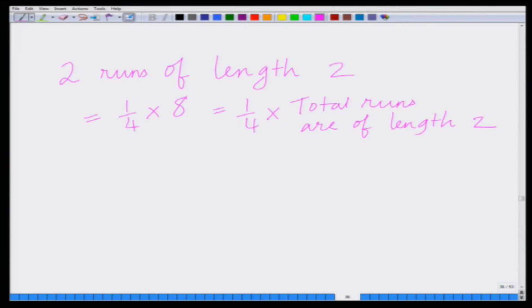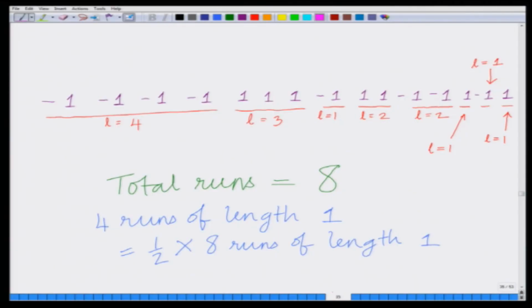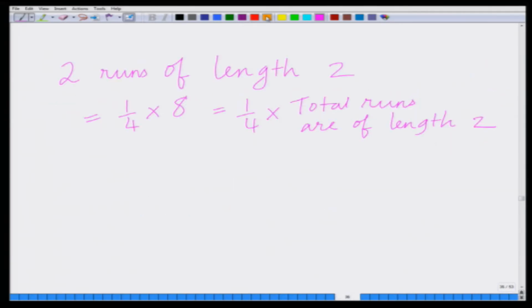And interestingly, if you look at this, you will further realize that you have one run of length 3, which is 1/8 of the total number of runs.